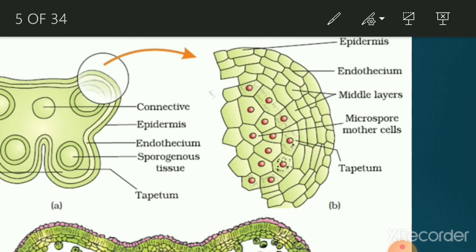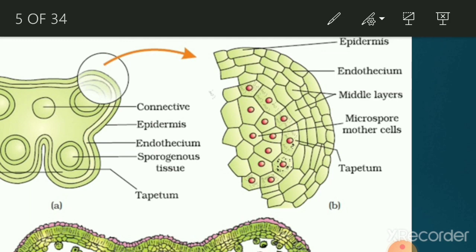Now, in the center part, you can see the microspore mother cell and tapetum. So the fourth layer is the tapetum. First is epidermis, then endothecium, then middle layer, and the last one is the tapetum. The cells of tapetum provide nutrition to the developing pollen grains or the male gametes, we can say.